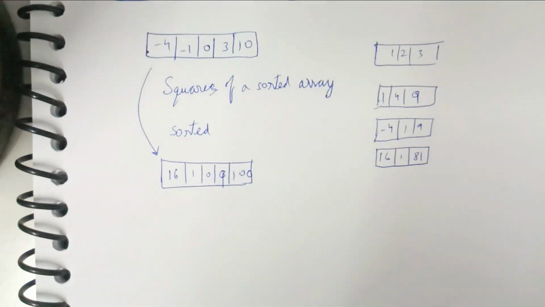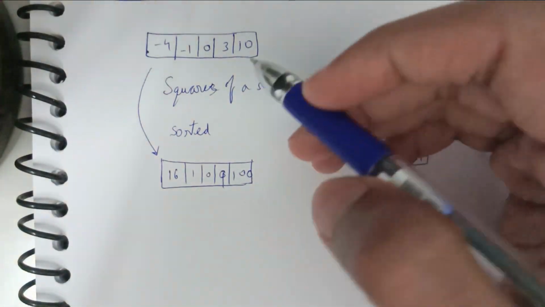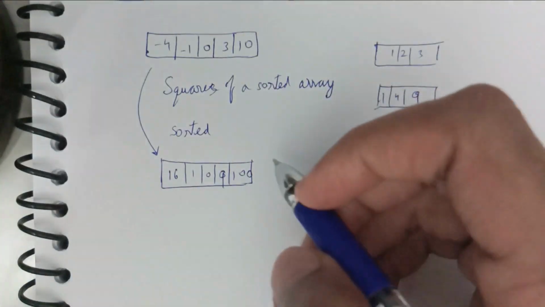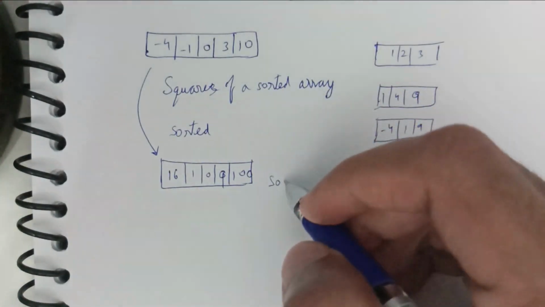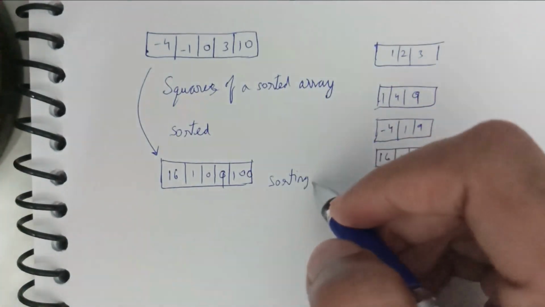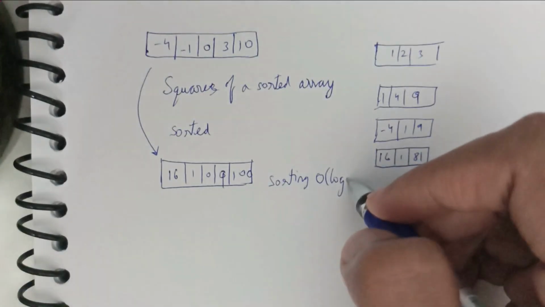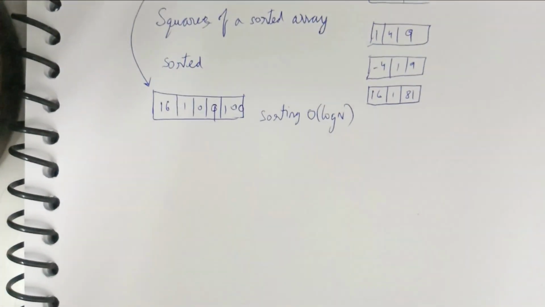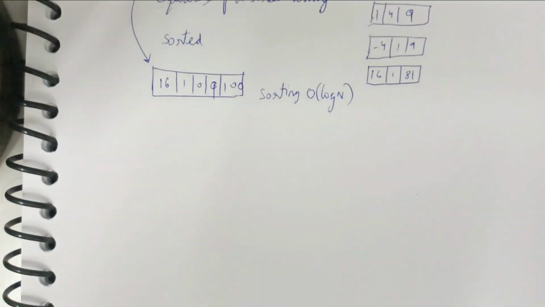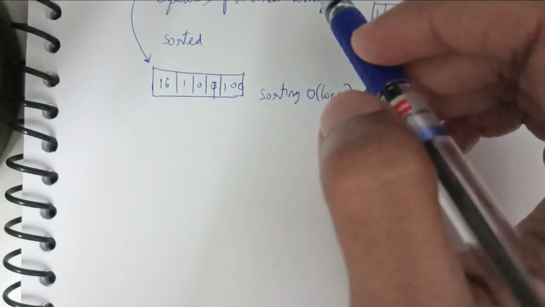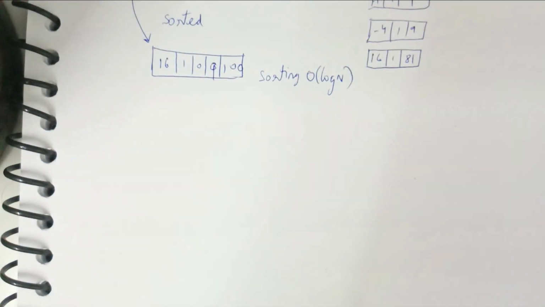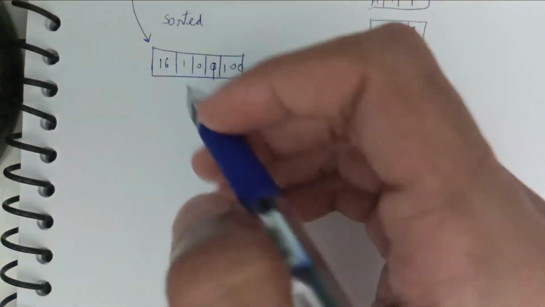One thing we could do is square all of these and then sort them, but that will become O(n log n), as we know that sorting requires O(n log n). But we can do it in O(n) with the help of two pointers, because the array is sorted and it is given that we need to do it in O(n). So that's why we take two pointers.